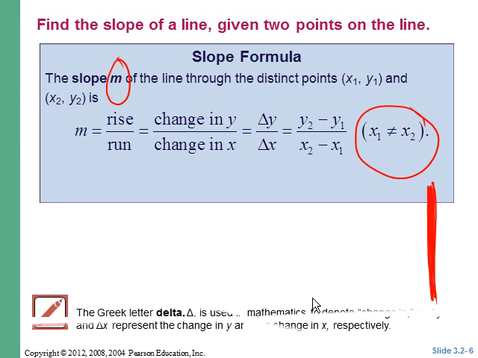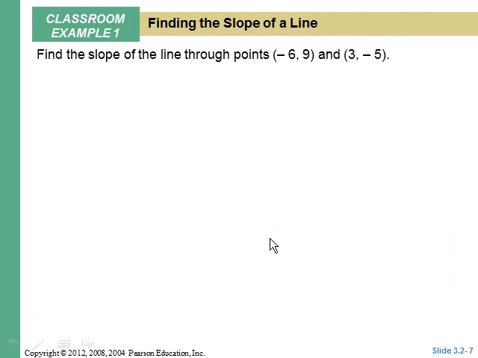So, as I said before, the Greek letter delta, actually that's uppercase letter delta, lowercase letter delta is that, which in physics we use for density. Here are our 2 points. Now I always considered the first one x1, y1, and the second one x2, y2.